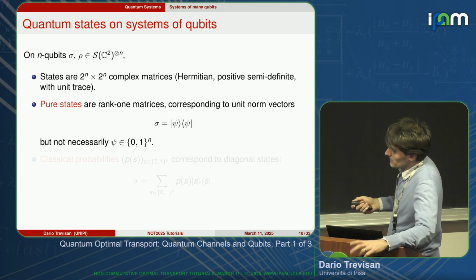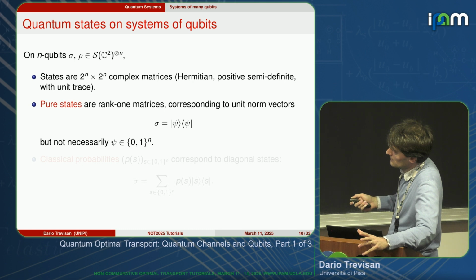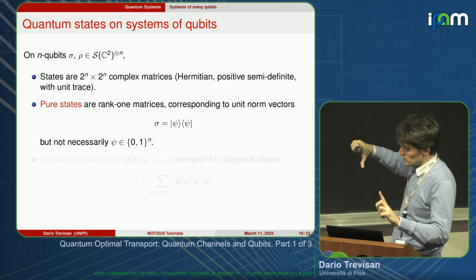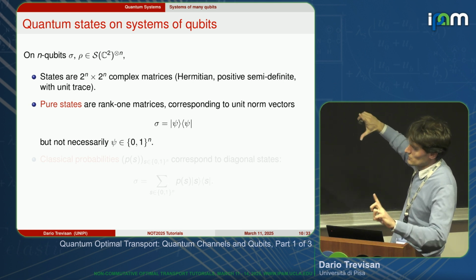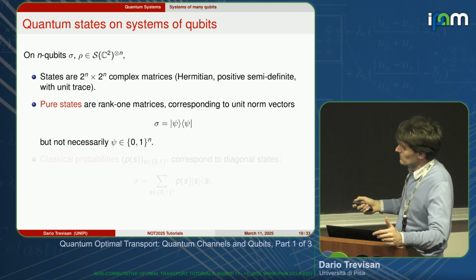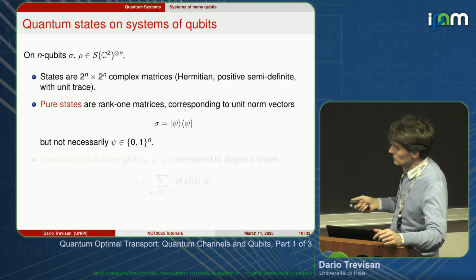Okay, so just to recap, if you have two n-qubit states, sigma and rho, over the system of n qubits, each of these states is represented by a big matrix, say 2 to the n times 2 to the n, and these are still complex Hermitian positive semi-definite matrices with unit trace.